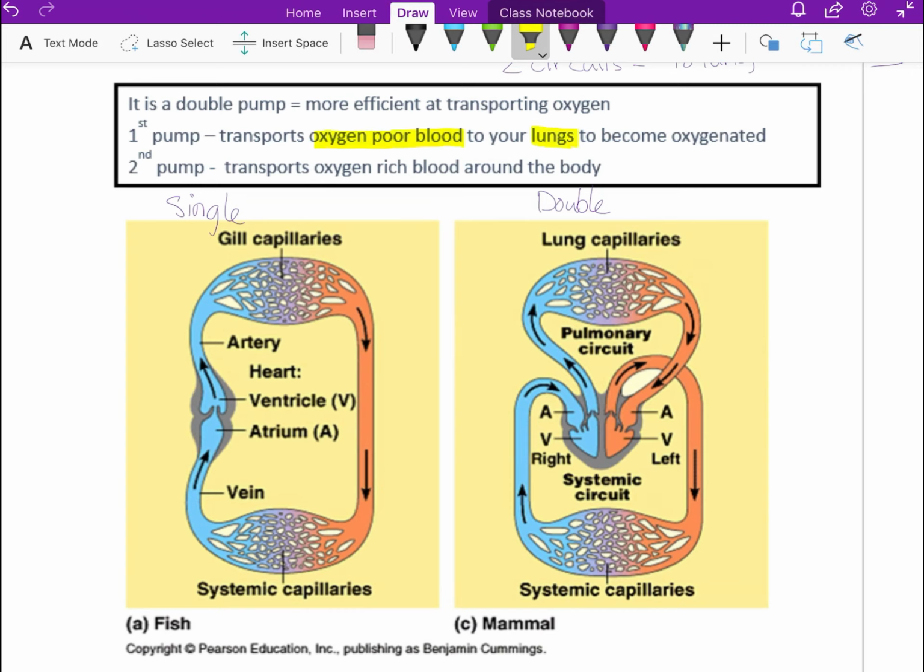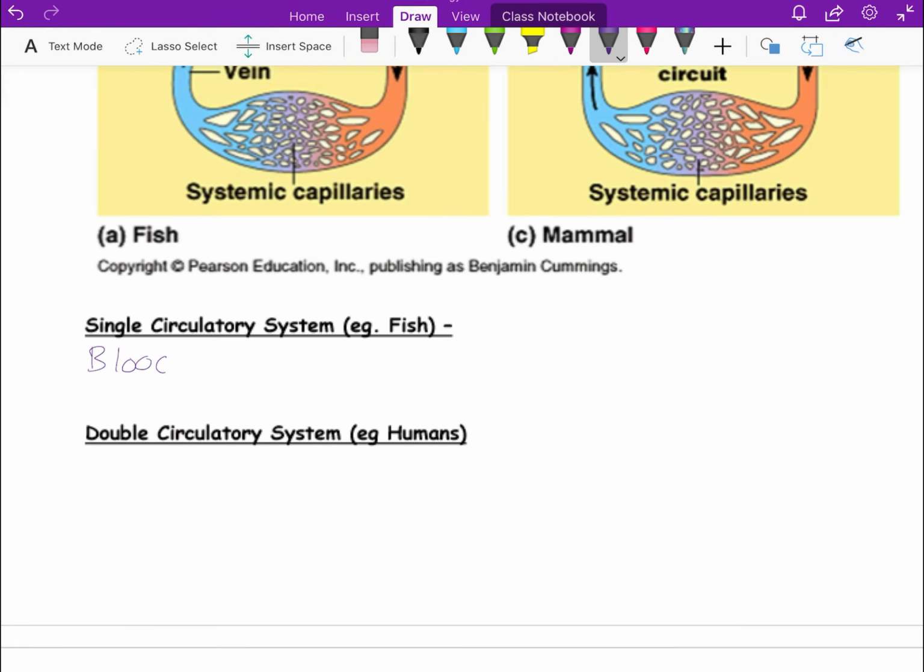That's quite different to what we can see on the left hand side here of a single circulatory system for a fish. So in a single circulatory system, blood is pumped by a heart first to the gas exchange organ, which in this case is going to be the gills, and then goes directly from the gills around the body of the organism.